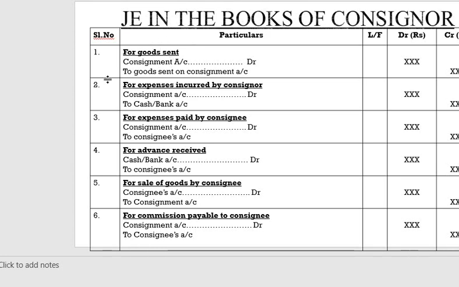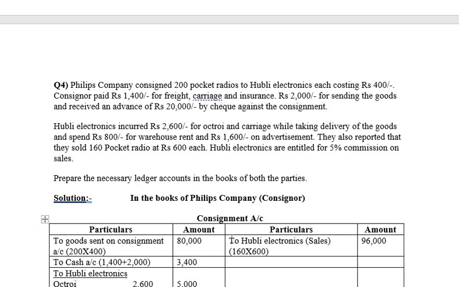Goods sent is nothing but consignment account debit to goods sent on consignment. So let's go to consignment account. Consignment account debit to goods sent on consignment, on the debit side.